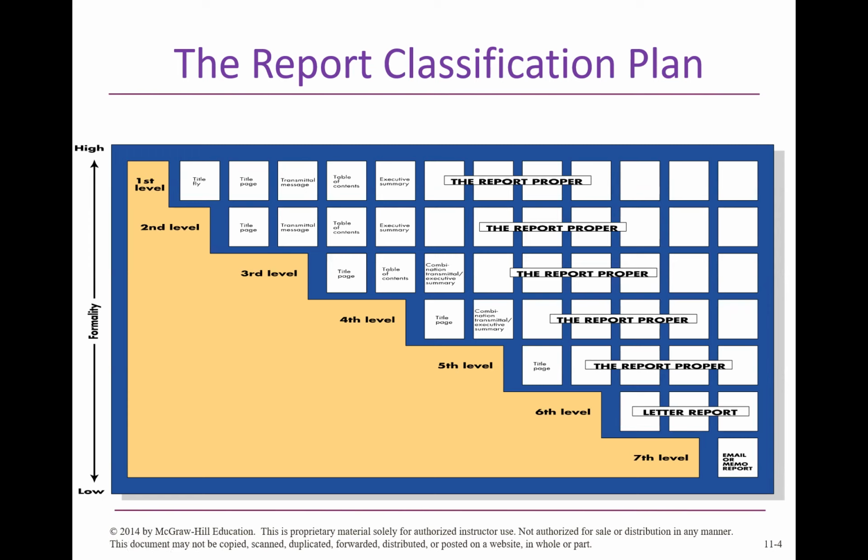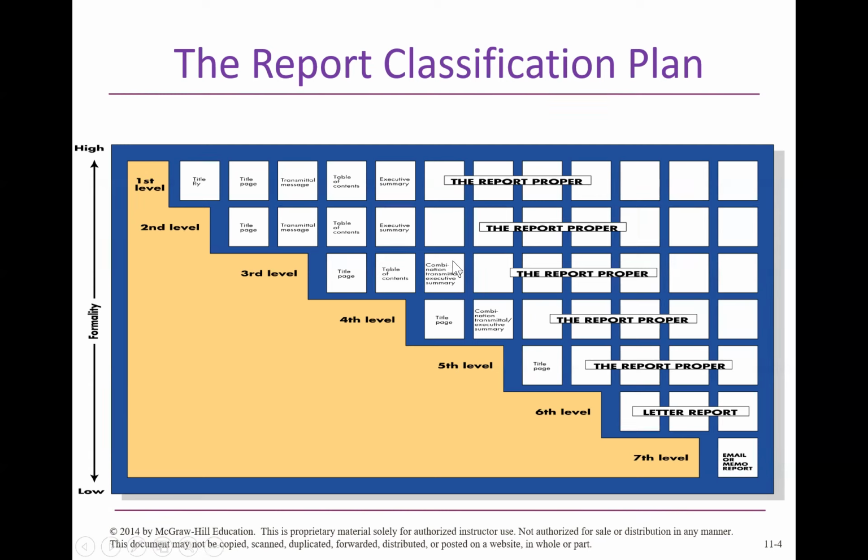All right. So okay, second level, you are not writing the title fly, and the other components are all right. You have to write the report proper. And the third level formal report, that means you are now writing the title page, table of contents, and then transmittal and executive summary.